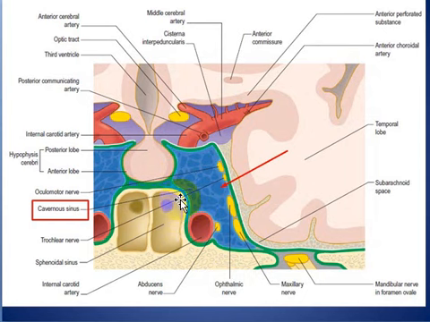This is the medial wall, and this is the vitreous apex, and this is the clinoid process, and this is the middle cranial fossa.